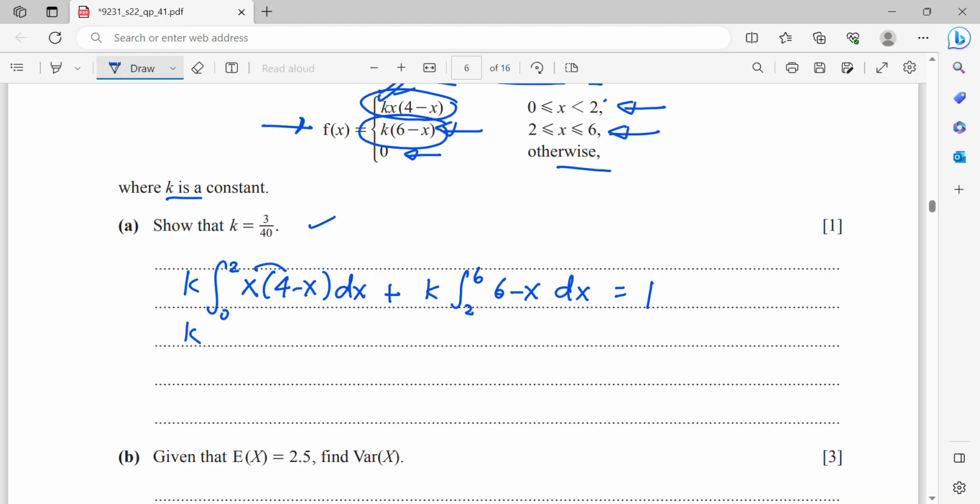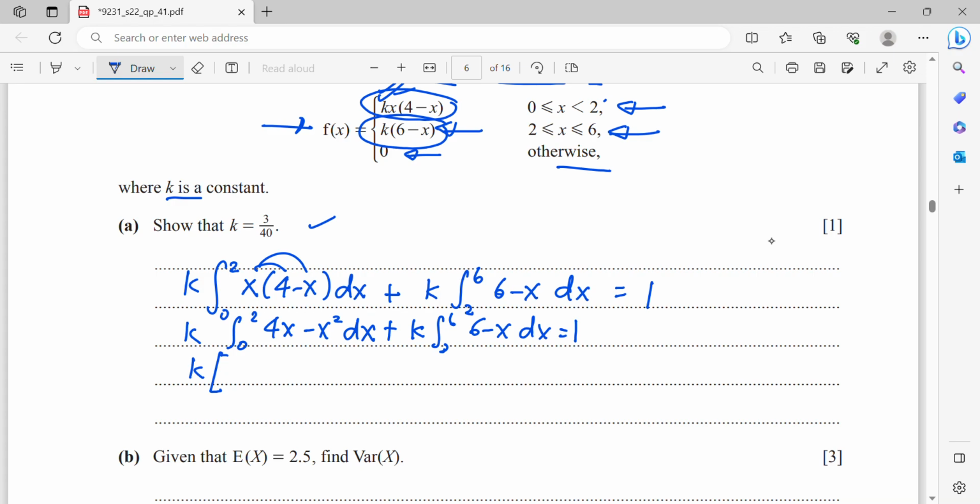When you do expansion, this is 4x. Sorry, 4x. This is 4x. Then here will be x squared dx plus k integrate 2 to 6, then 6 minus x dx equals 1. Okay, so from here, we will start doing the integration. So when you integrate 4x with respect to x, it will be 4x squared over 2.